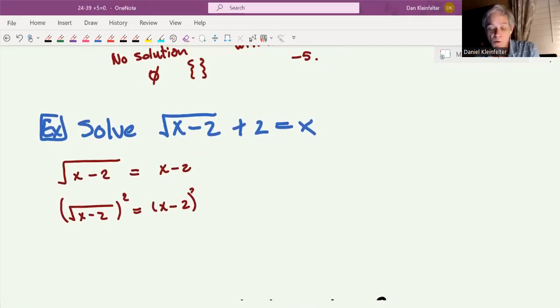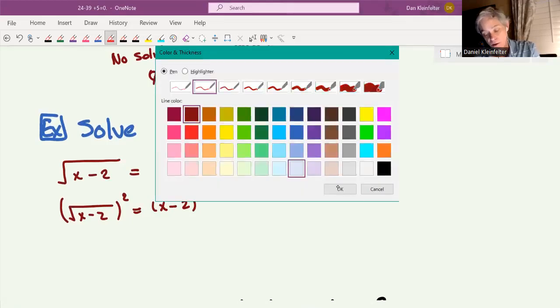Make sure when you square both sides that you do this as a whole binomial that we're squaring. You shouldn't end up getting x squared minus 4. Don't just square the x and square the 2, going around squaring things term by term. It doesn't work that way. It'll be x minus 2, all squared.